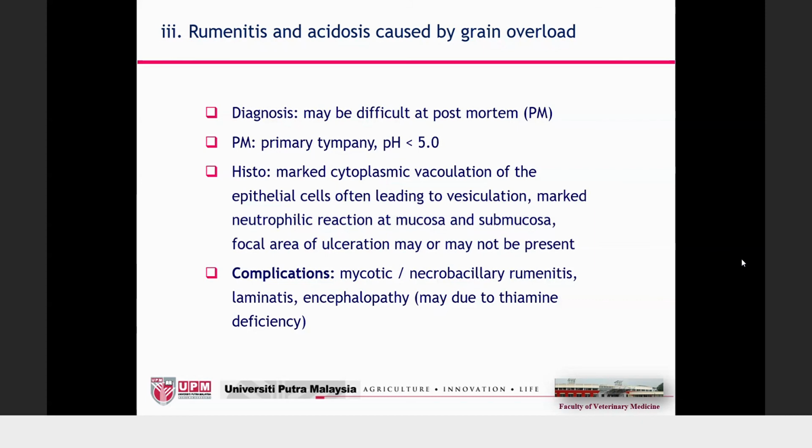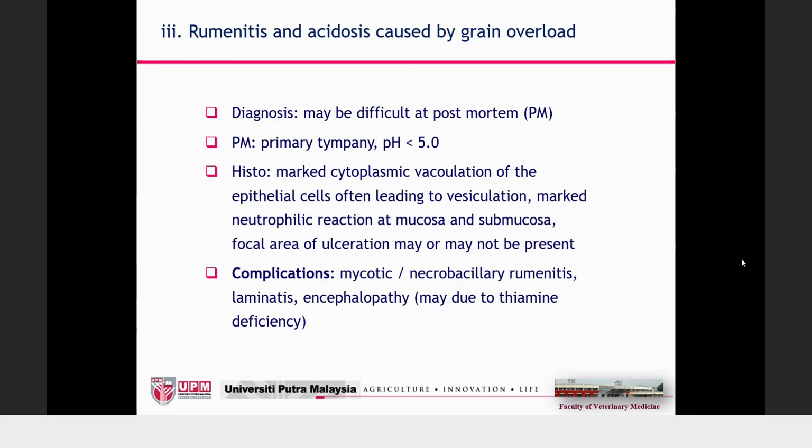And you might expect to see, grossly, as previously described, but histologically, you might see marked cytoplasmic vacuolation of the epithelial cells, leading to vesiculation, marked neutrophil reaction in the mucosa and submucosa, and focal areas of ulceration may or might not be present. So when you have ulceration, this is an important thing in terms of grain overload.